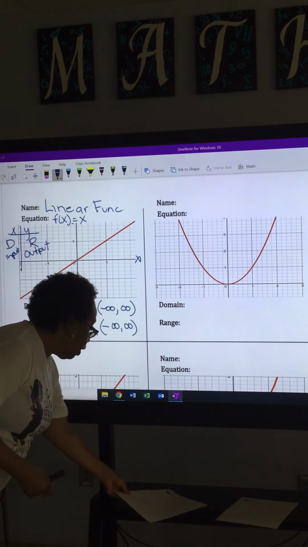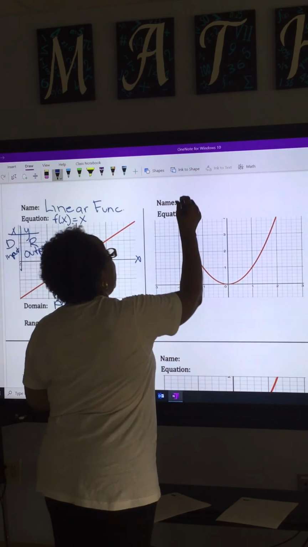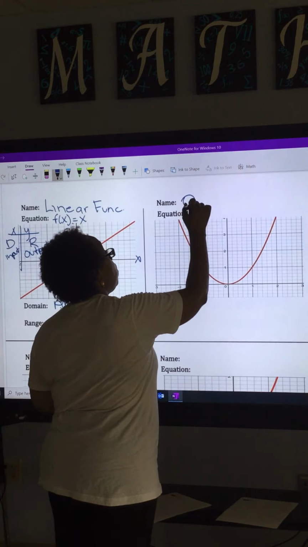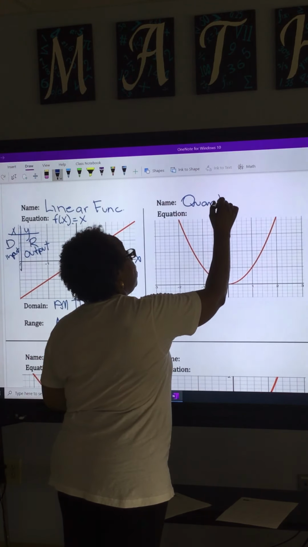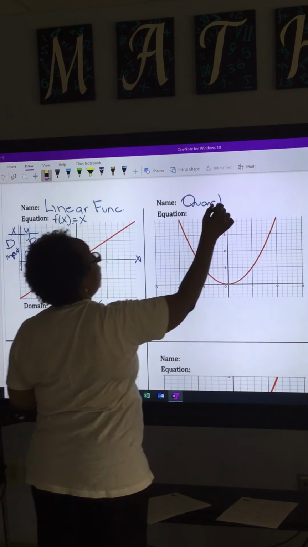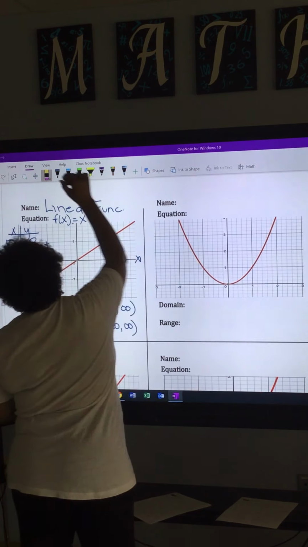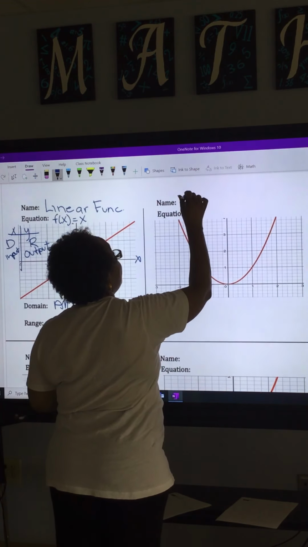So, the next one we're going to look at is a quadratic function. Now, you guys might remember this from Algebra 1, quadratic. Q-U-A-D, excuse me, I misspelled that. That was my fault, guys. Let's try that one more time.